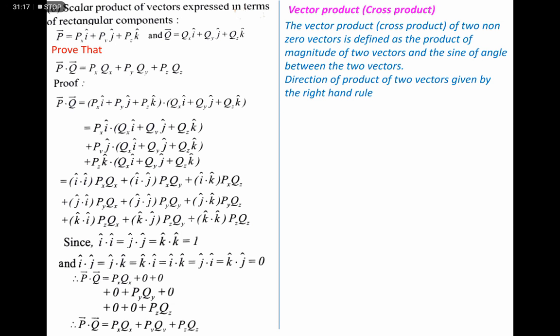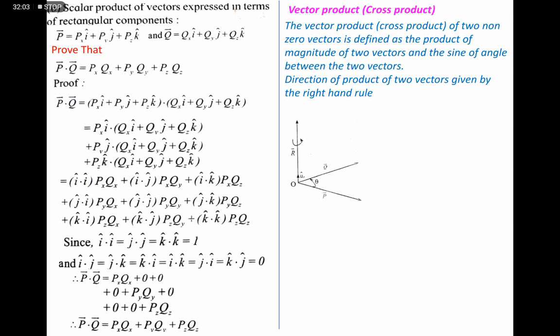Here one additional sentence: the direction of the third vector, or the direction of the product of two vectors, is always perpendicular to the plane of the two vectors, and it is given by the right hand rule, the right hand screw law. Okay, so the definition by diagram: p bar and q bar are the two vectors, they are in a plane, and the resultant is perpendicular to the plane of the two vectors p bar and q bar.